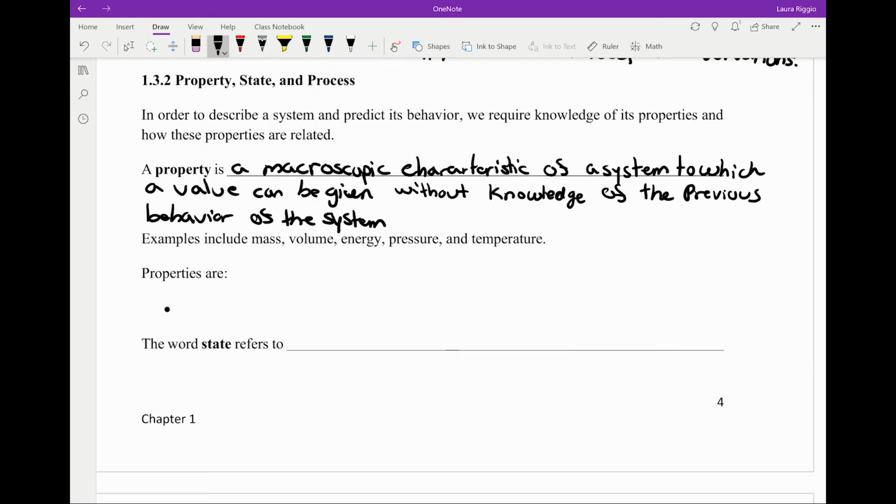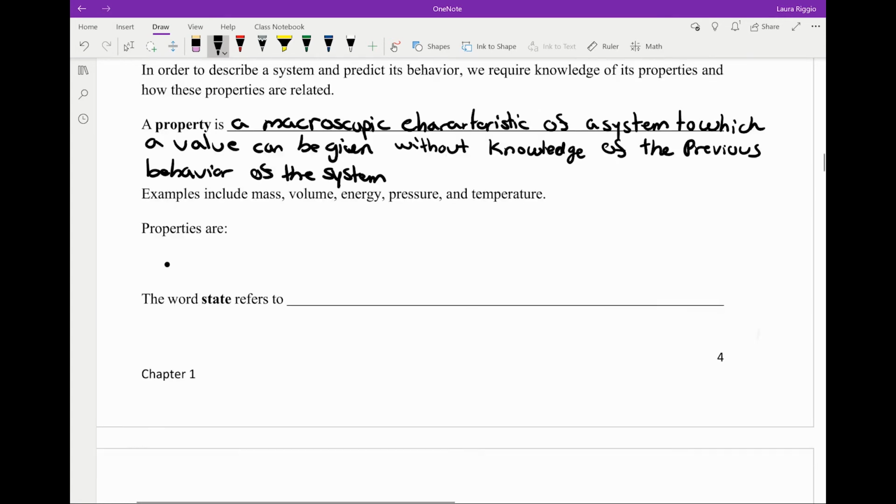Some examples of properties include mass, volume, energy, pressure, temperature.